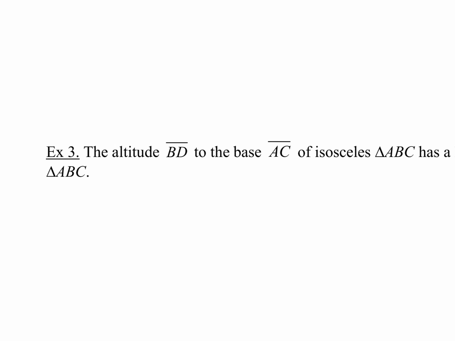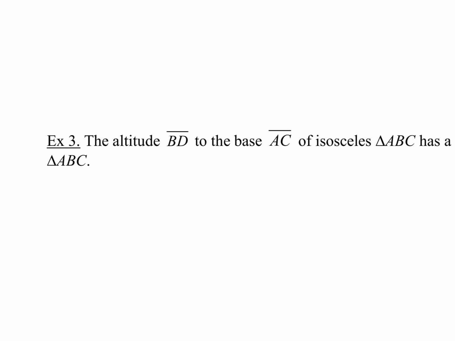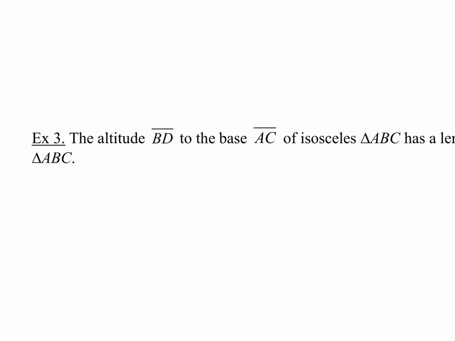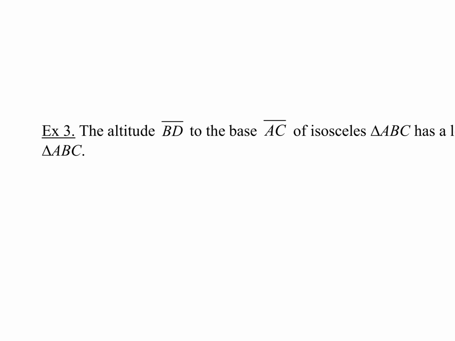Okay, so in number 3, we have the altitude BD to the base AC of an isosceles triangle. Okay, so just before we move on, let's go ahead and draw this so we can get an idea of what we have. Okay, this can be a really bad triangle, but just bear with me. We have our isosceles triangle.